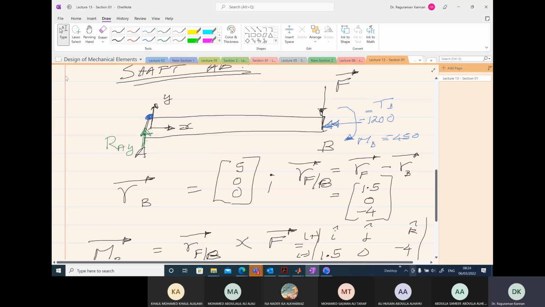Since we have a torque, we have a reaction torque with a double arrow on the other side, torque A, and then bending moment will give rise to bending moment reaction at A. So we are done with the free body diagrams.